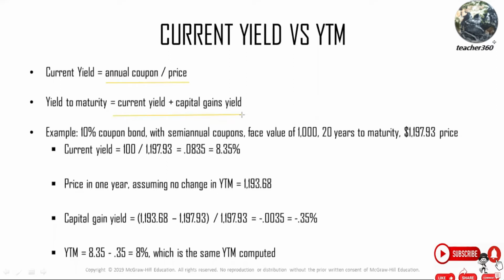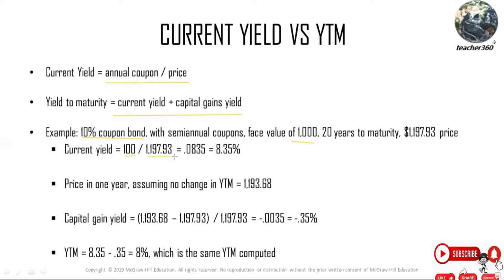Example: a 10% coupon bond with semi-annual coupons, face value of 1000, 20 years to maturity, and bond price of 1197.93. So here your current yield is 10% on 1000, which is 100, the annual coupon, divided by the bond price, 1197.93.